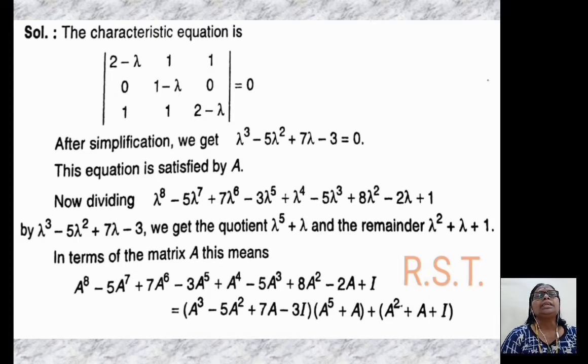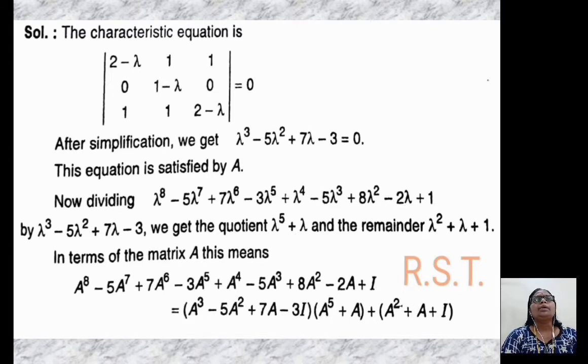Hence, the characteristic equation is determinant, whose first row is 2 minus lambda 1 1, second row is 0 1 minus lambda 0, third row is 1 1 2 minus lambda. Value of the determinant equal to 0. That means this determinant A minus lambda I is calculated by subtracting lambda from the diagonal elements only.